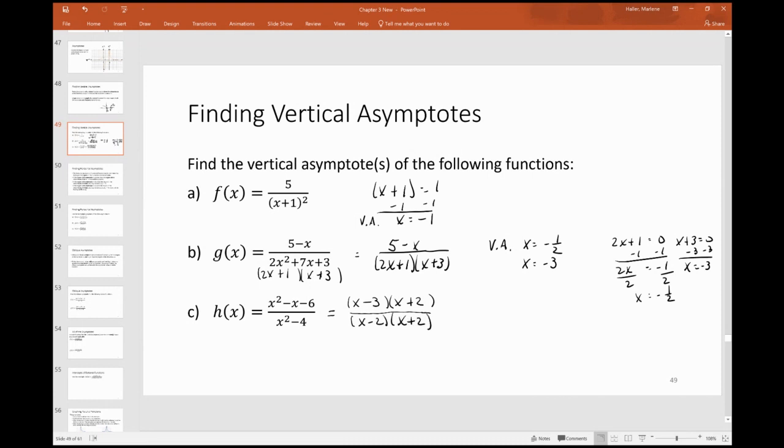All right. So again, we do have two factors in the denominator, which could lead us to two vertical asymptotes. But look at this factor x plus 2. It's also in the numerator, right? So if we set x plus 2 equal to 0 and solved, we would say there would be a vertical asymptote at x equals -2.